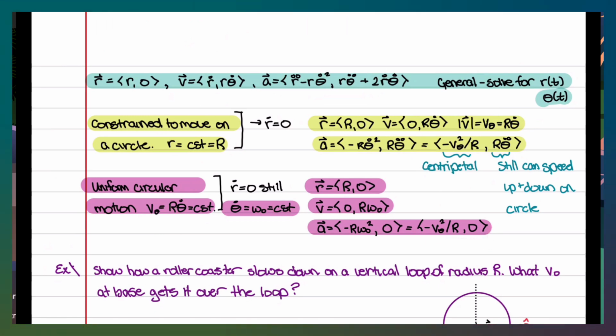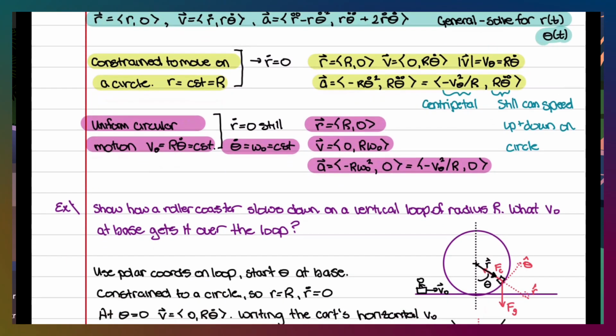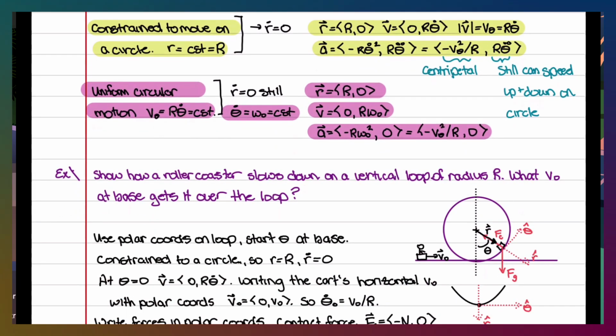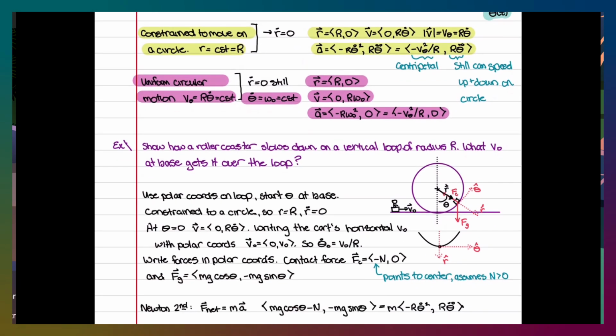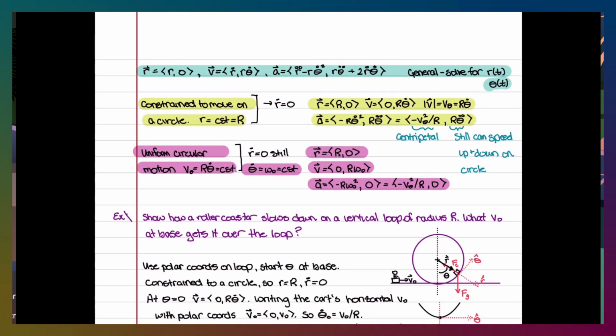So the thing with Newton's laws, this I think is going to end up being our computational problem that we play around with later this week, is that if you're going to do a Newton's law problem, this is the acceleration you plug in if you're using polar coordinates. You figure out the forces in polar coordinates, and then you set it equal to m times this acceleration.